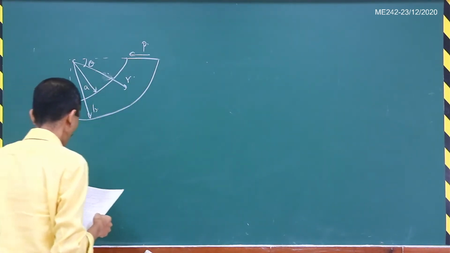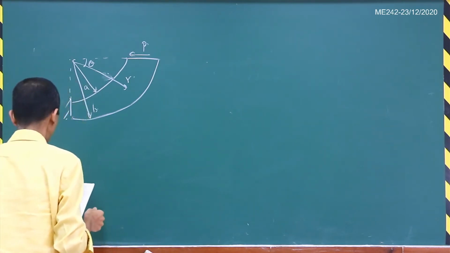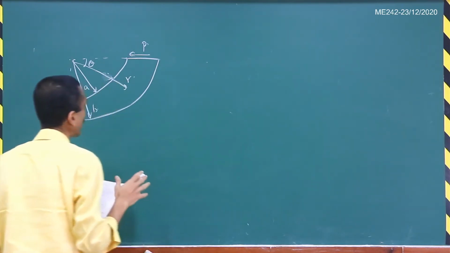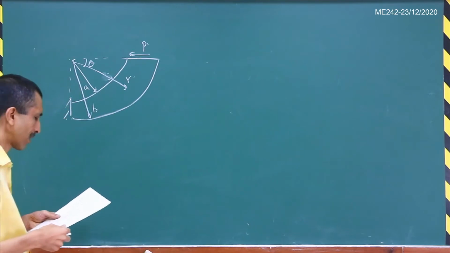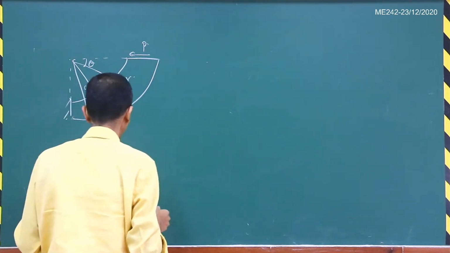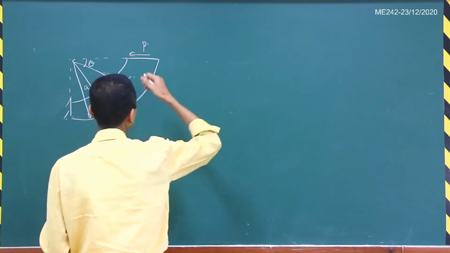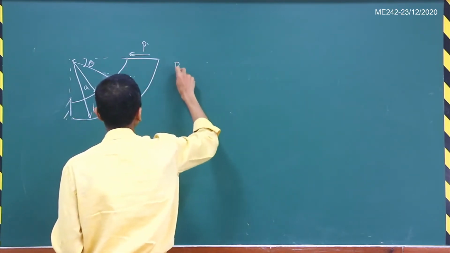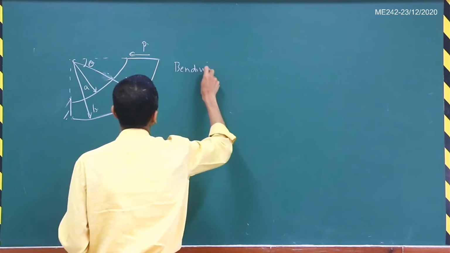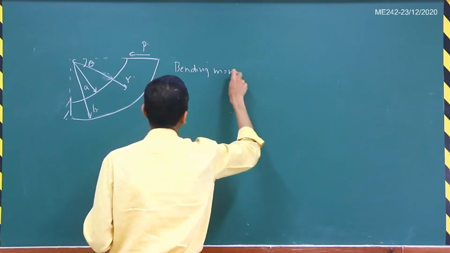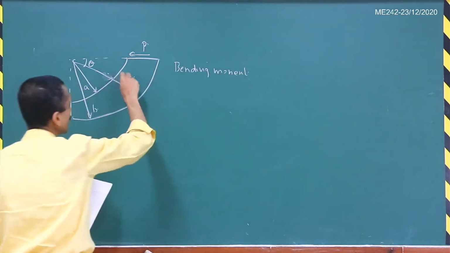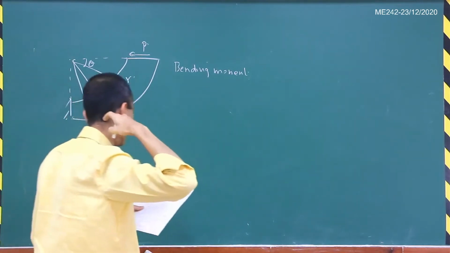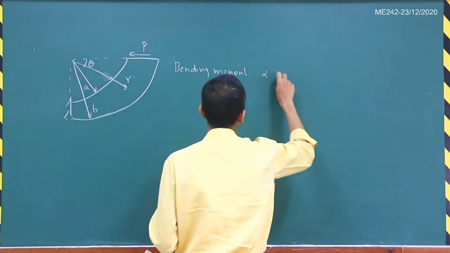And okay, so again we need to find out what is the Airy stress function related to this one. So we sort of make an intelligent guess here. If you find the bending moment at any given section here, you will see that the bending moment is proportional to sine theta.